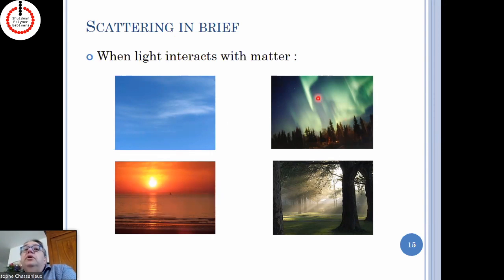It's also responsible, and a lot of us in France have faced this situation this morning, for the Stendhal effect, which is due to scattering of light by the mist, I mean the droplets of water that stand in the atmosphere, and it's also responsible for the green color that you can observe when you are at the pole of the Earth in September or at spring.